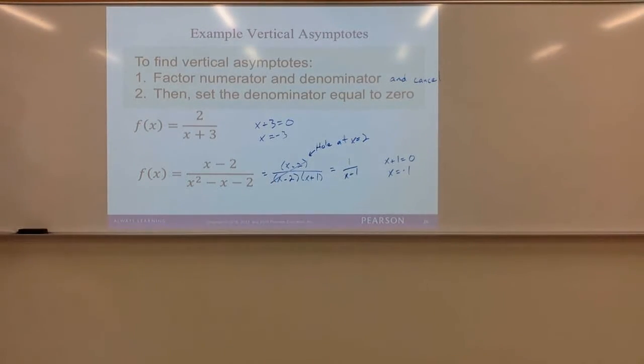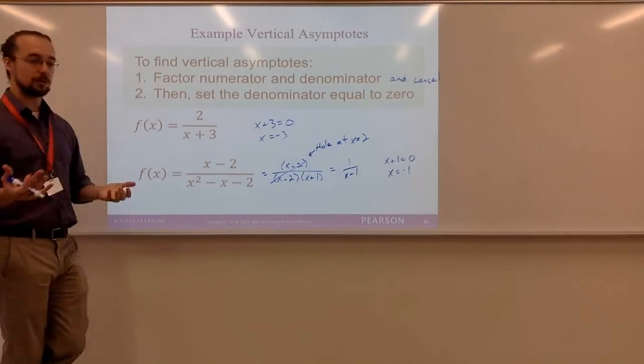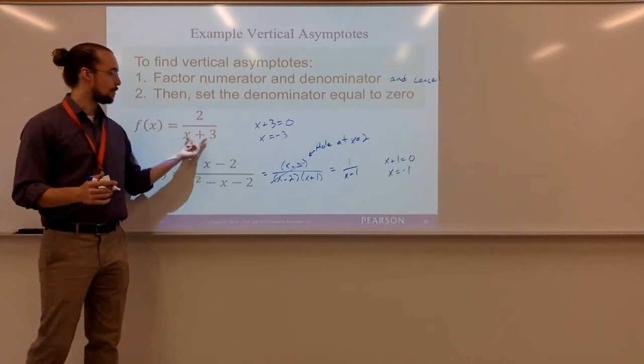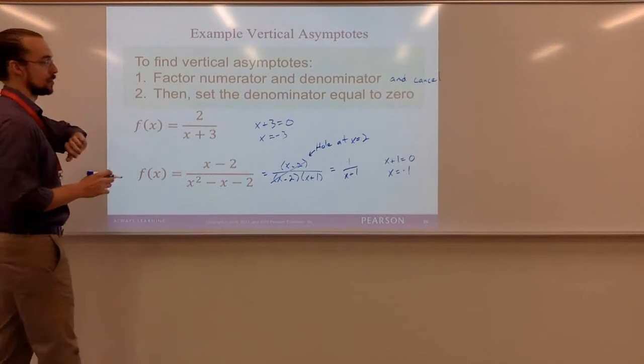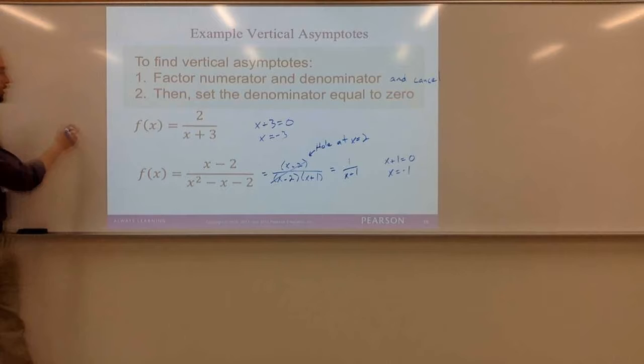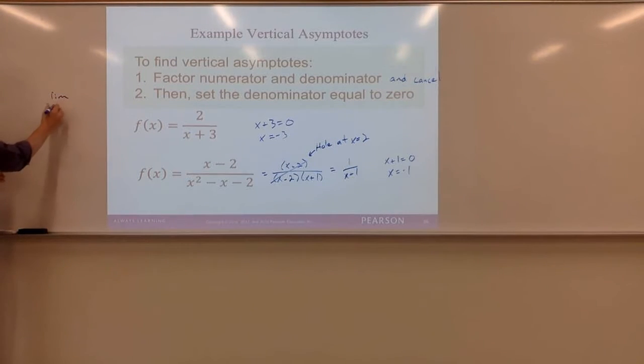So let's take this a step further now into calculus and talk about what happens as we get closer and closer to -3 for this first function. So for this first function, I want to find the limit as x approaches -3 from the left, and the limit as x approaches -3 from the right.